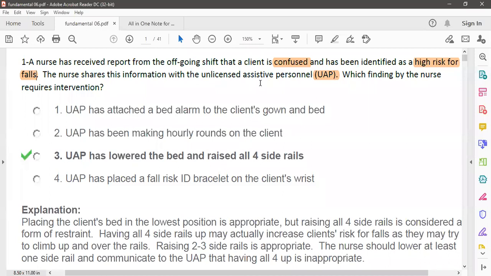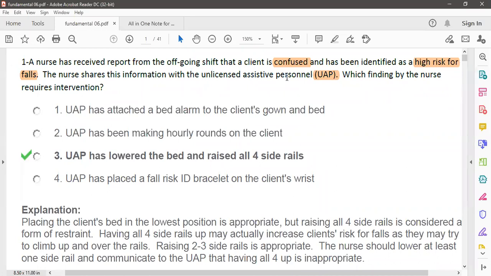UAP stands for unlicensed assistive personnel, or we call certified nursing assistant or CNA.